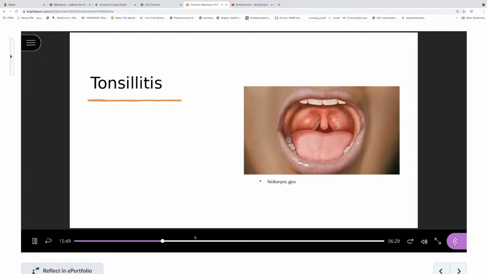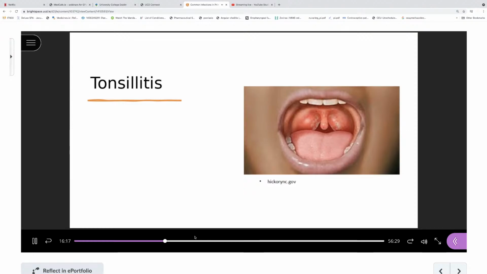Tonsillitis, something we see very commonly as well. We see here in the image large swollen tonsils with white spots of exudate. Again, it's not always easy to distinguish between viral and bacterial causes, but we do have some criteria that guide us. So we use the Centor Criteria, that's CENTOR, and that has a number of criteria that would make bacterial infection, usually streptococcal, more likely.